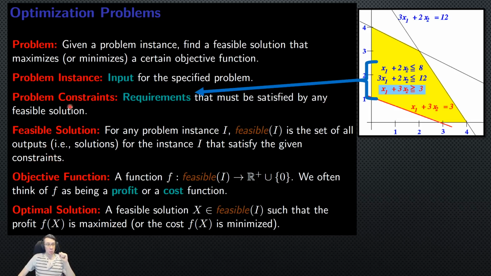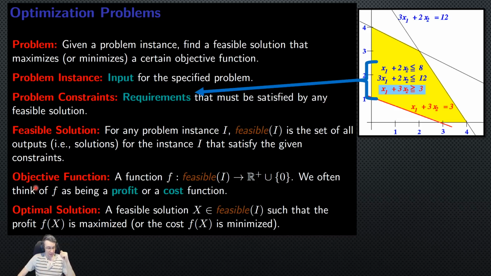Okay, so that's what a problem instance, constraints, and feasible solution are, but we don't just want a feasible solution. We're talking about optimization problems, so we want to select somehow the best solution out of all these points. And we want to define what better means so we can select the best by using some sort of objective function.